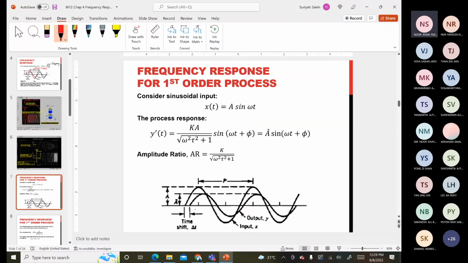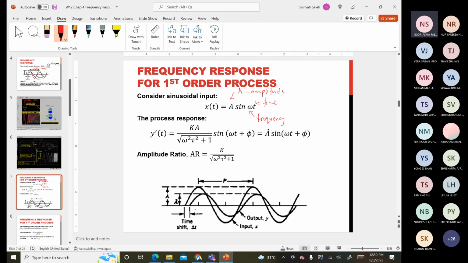So consider a sinusoidal input has the following form where you have x(t) equal to A sin(ωt), where x is your input, A stands for the amplitude, and the ω here is your frequency, and the t here is your time.